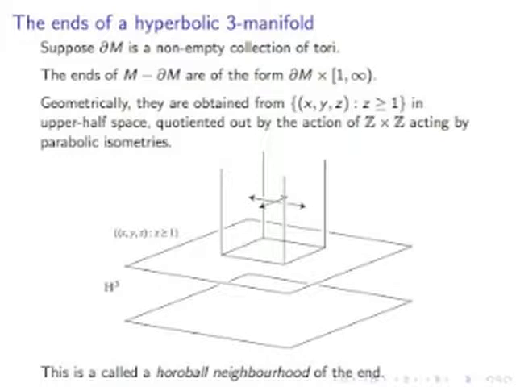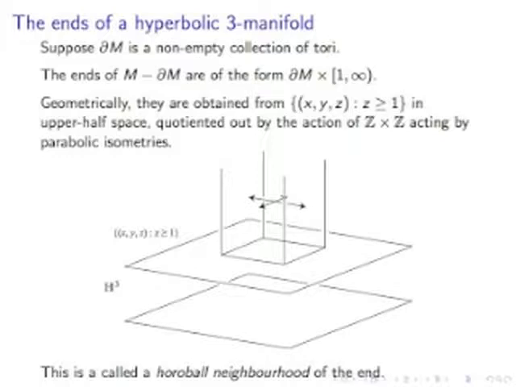What that means is I remove those tori and I realize that then as the quotient of hyperbolic 3-space by a group of isometries. So we remove the tori, and that means that the manifold is now non-compact. It has ends which are of the form torus cross half-open interval. And these ends have a very specific geometric structure.